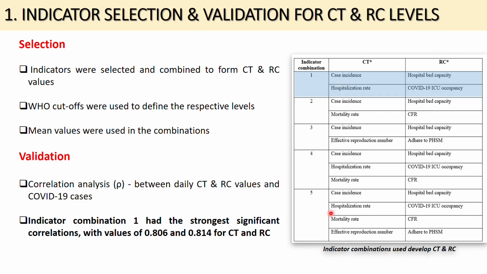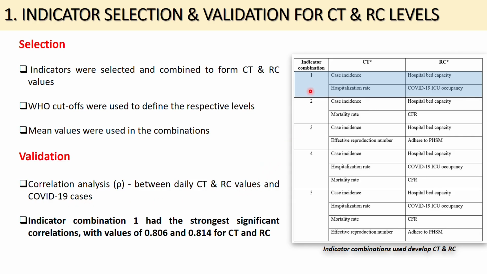Cutoffs were applied to each of these indicators based on the WHO COVID-19 cutoff levels, and each of these indicators were then aggregated and mean values were used to get an overall level of the CT and RC. Subsequent to this, we validated each of these combinations through a correlation analysis between the CT values and the RC values with the daily COVID-19 cases to identify which combination produced the highest degree of correlation.